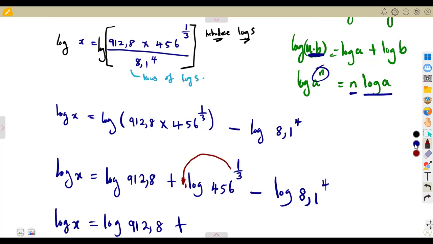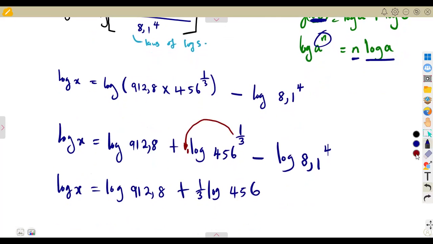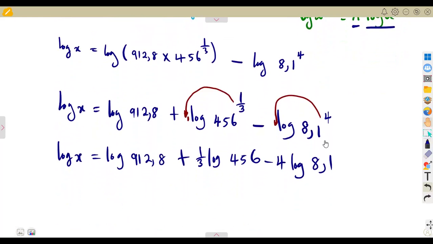It's 1 times a third, so this is going to be a third the logarithm of 456. We do the same thing on this 4: we drop this 4 to multiply the logarithm, so it's minus 4 the logarithm of 8.1. That is the idea of the question.